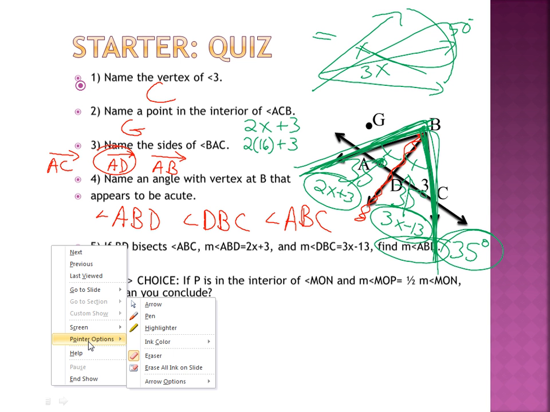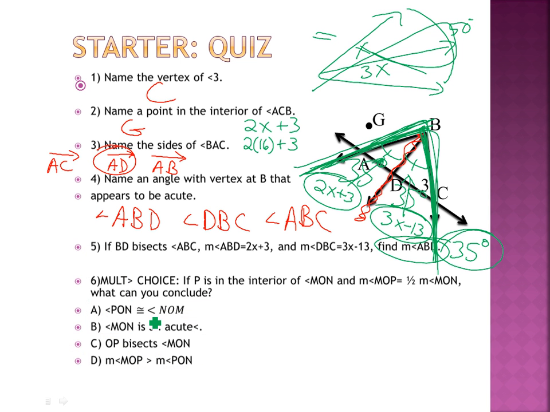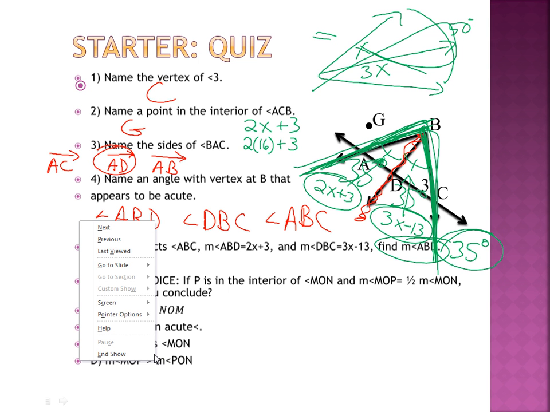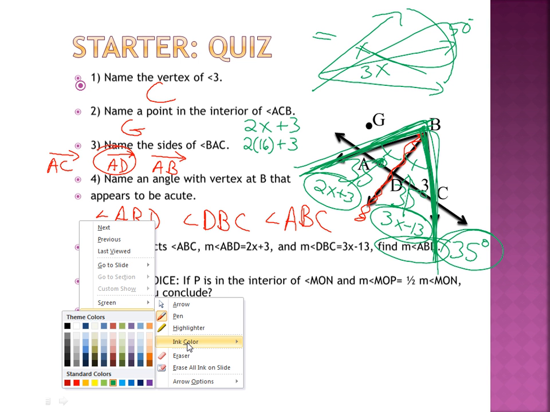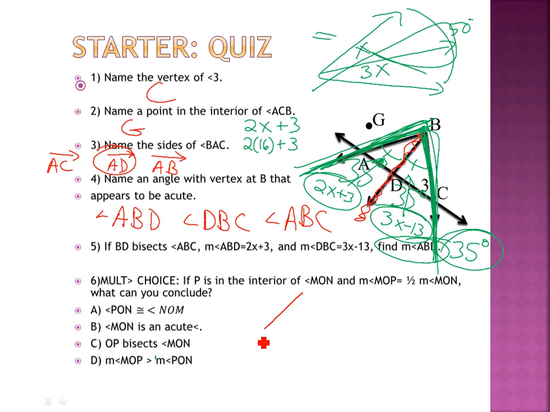On the last one, if point P is in the interior of angle MON, well, where's angle MON? You have to draw it. So I come up here and I draw. I'm going to change my ink color here because I don't like the green. I'd rather have red. If I draw this angle, what's this letter?